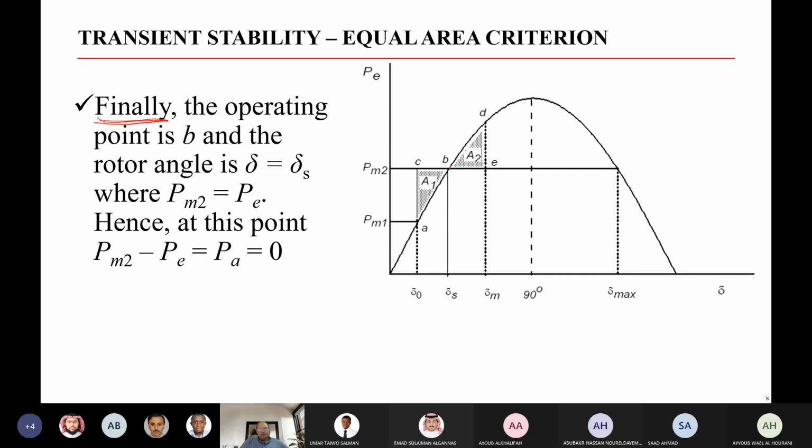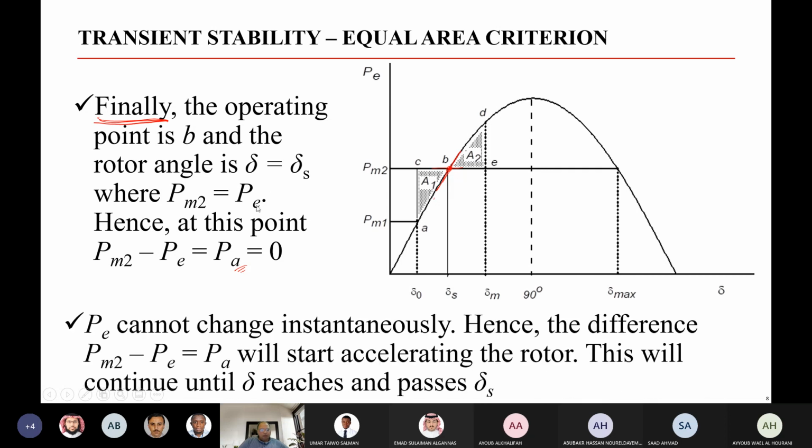The system will settle at this point, where we have B mechanical equal to B electrical. So they are equal here, and this is the steady state point. So point B has rotor angle equal to delta S, where B mechanical 2 equals B electrical, and the acceleration power at this operating point is 0.